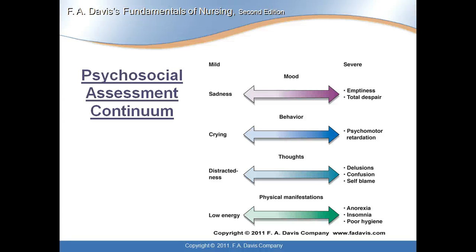What is severe is the emptiness and total despair, psychomotor retardation, the inability to move and properly function, delusions, confusion, self-blame, and actually insomnia and poor hygiene. These are severe symptoms that are a flag for you as a nurse to determine if there is something more serious than just the mild symptoms.